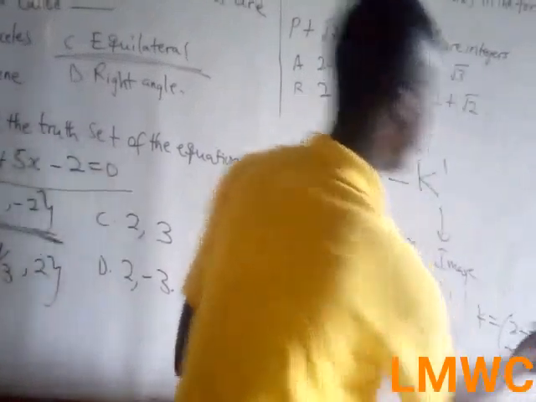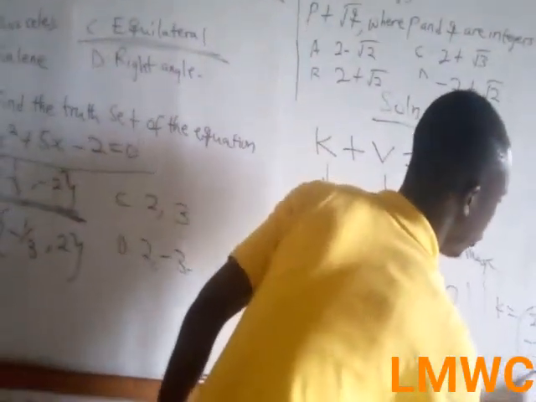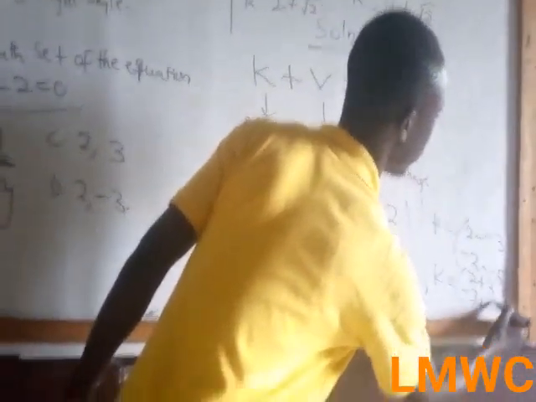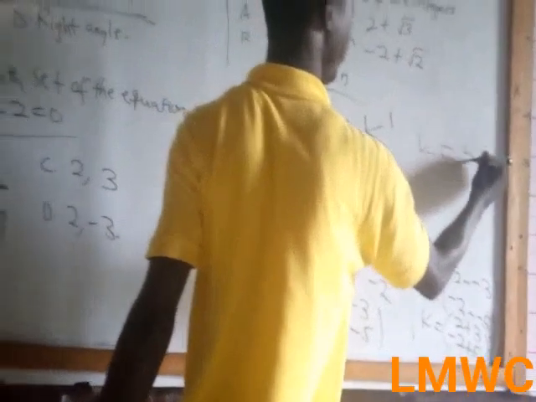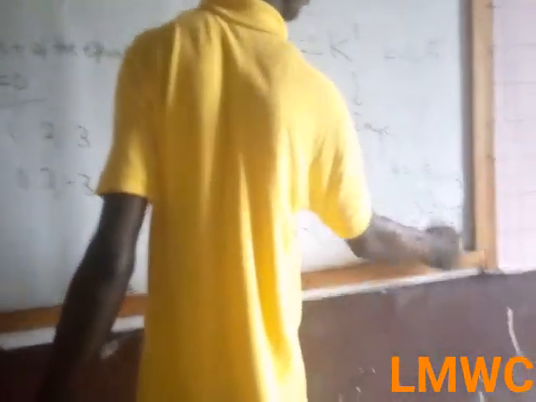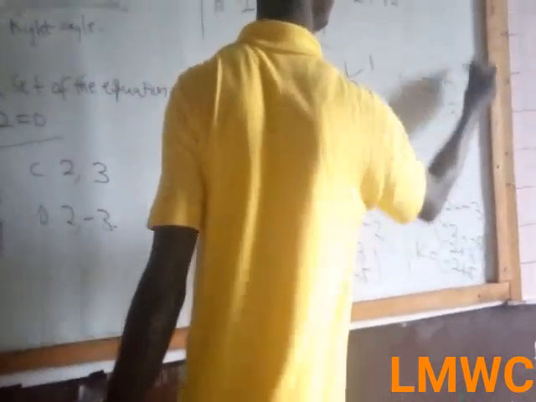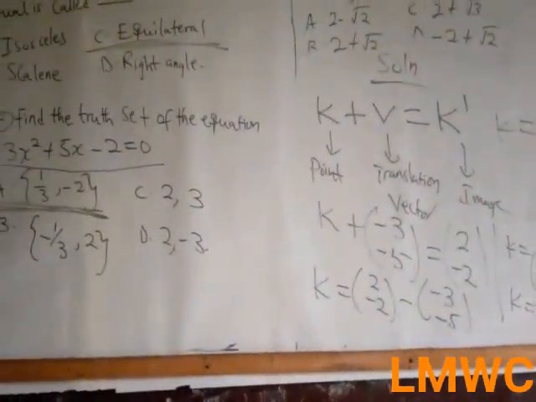So 2 minus minus 3 is 2 plus 3. And negative 2 plus 5. So what is 2 plus 3? 5. Negative 2 plus 5. You owe someone 2, you went and paid 5. It's 3. So the answer is 5, 3.